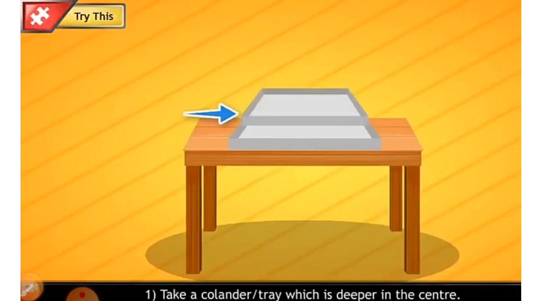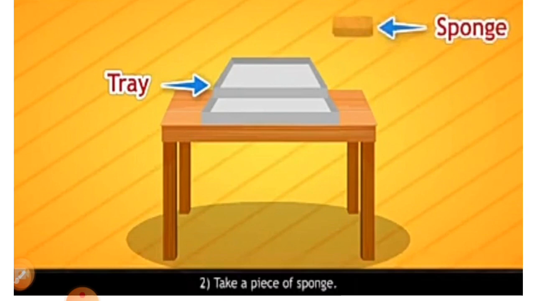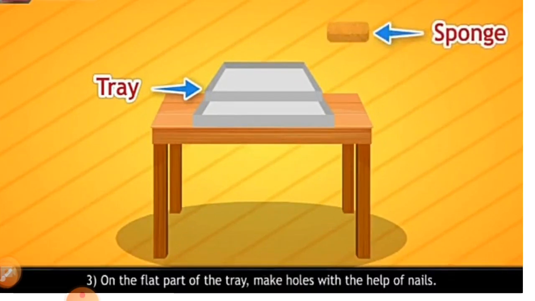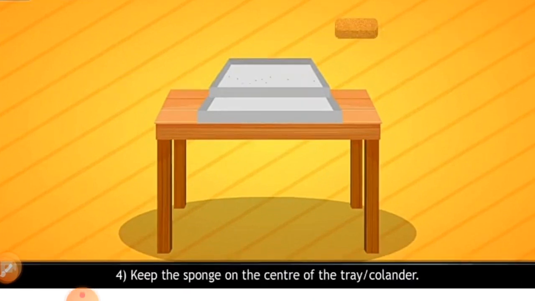Take a colander or tray which is deeper in the center. Take a piece of sponge. On the flat part of the tray, make holes with the help of nails. Keep the sponge on the center of the tray or colander.